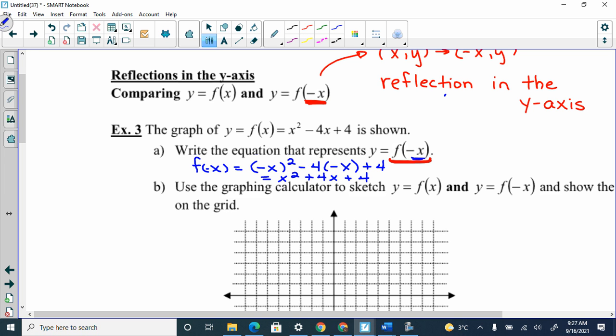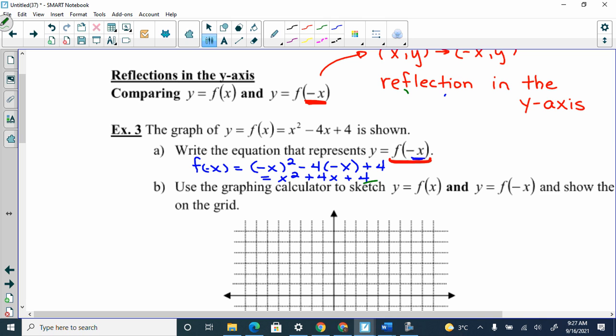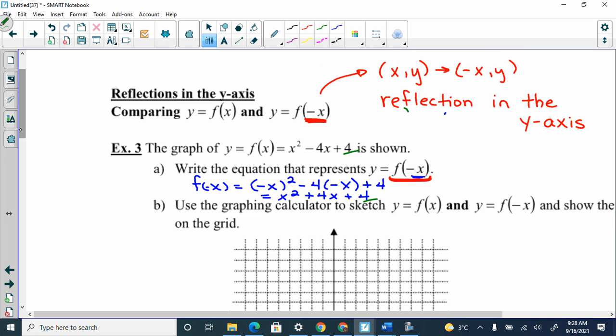Wait a tick. I have the same y-intercept. What? Why? How's that even possible? Your x is 0. You're reflecting on the what? The y-axis. You're multiplying all your x's by negative 1. Your x's just happen to be 0 on the y-axis, so they're not going to change, right?